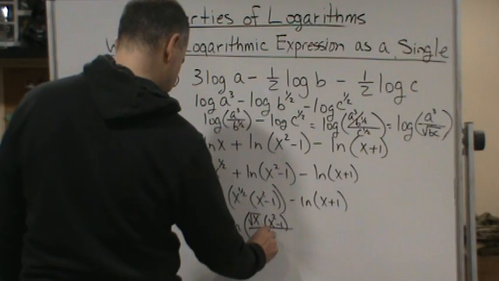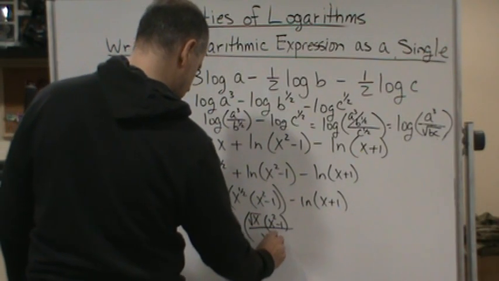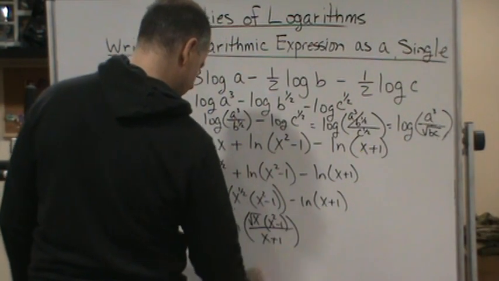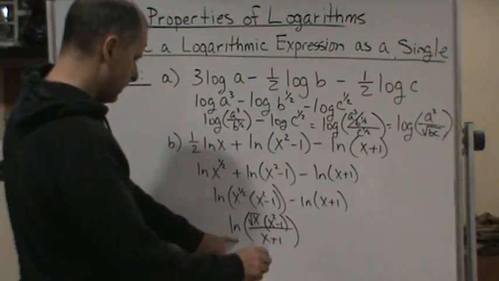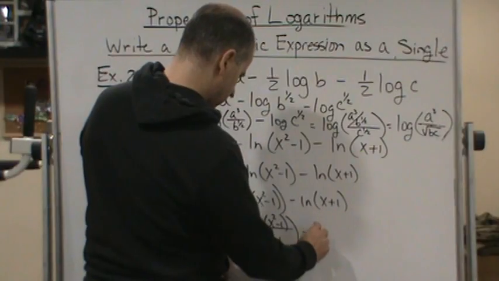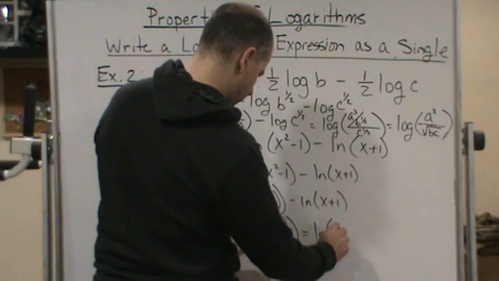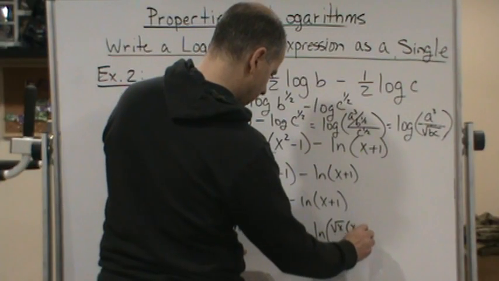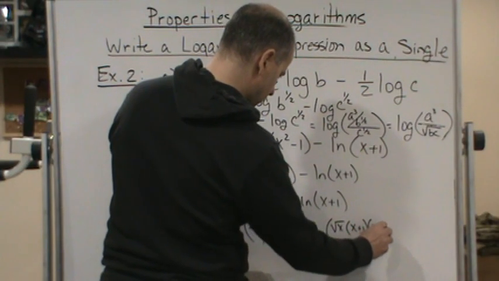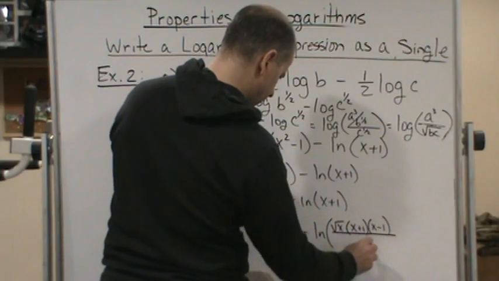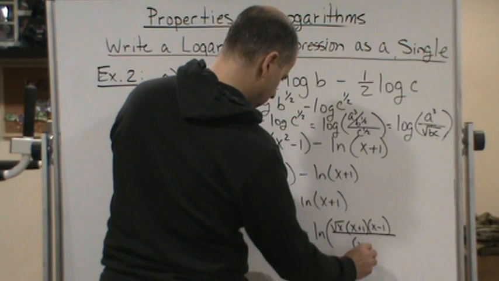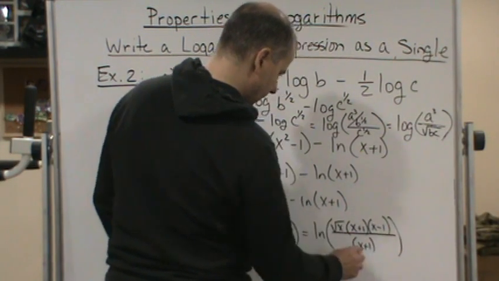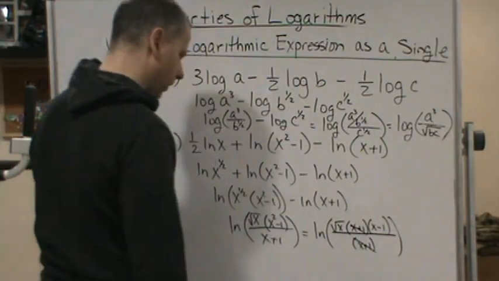And then we get x plus 1 on the bottom. Now I'm going to simplify this. So this equals natural log of square root of x times x plus 1 times x minus 1, and then all over x plus 1. And then the x plus 1's cancel.